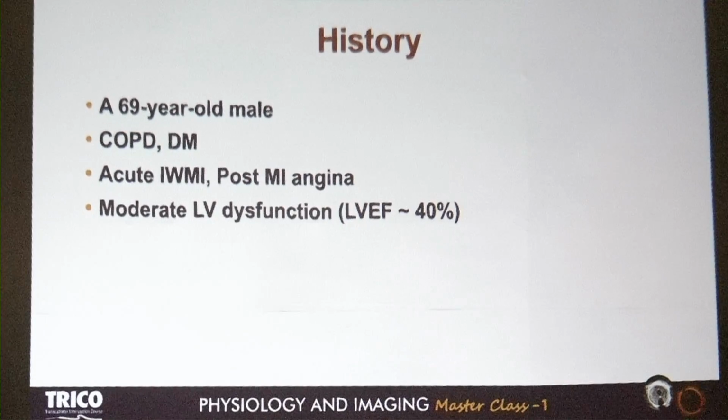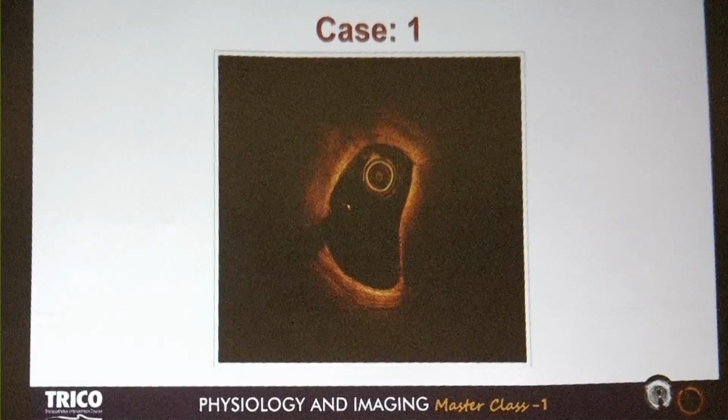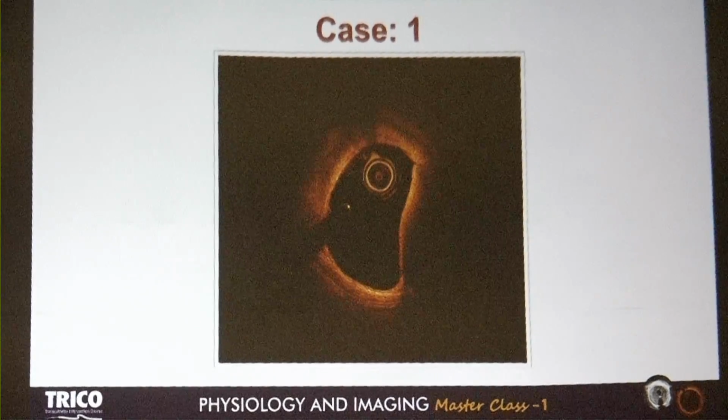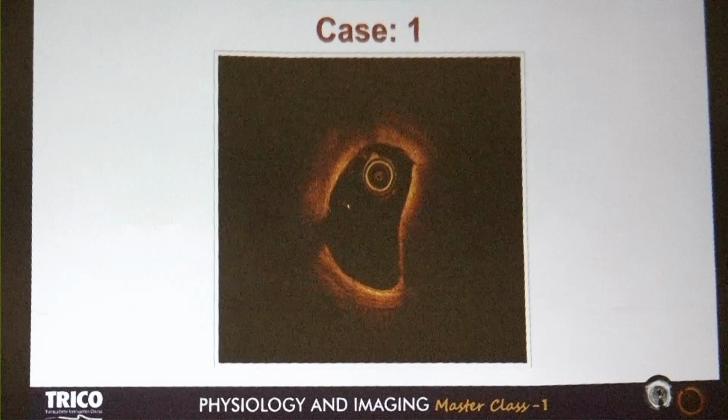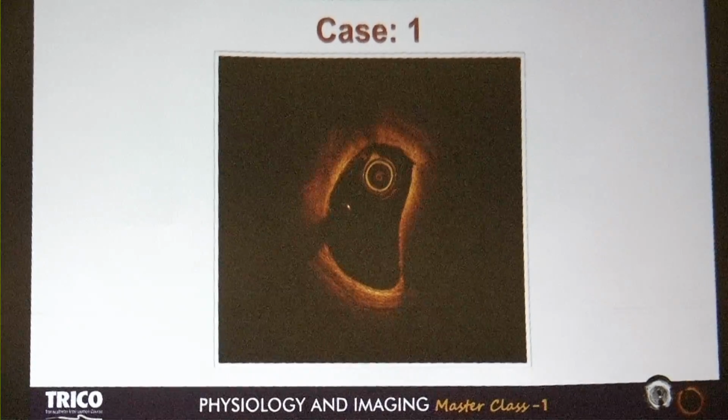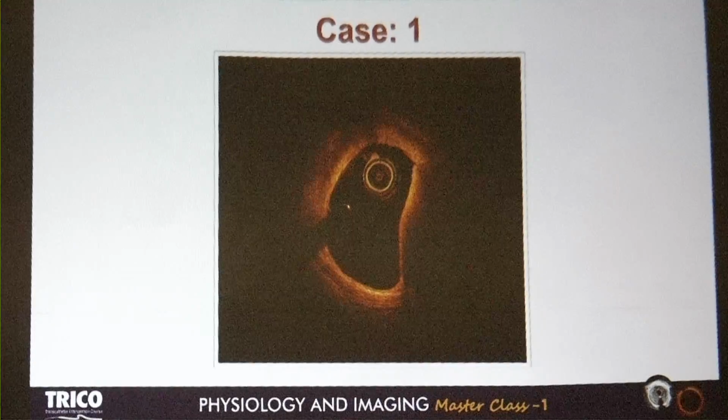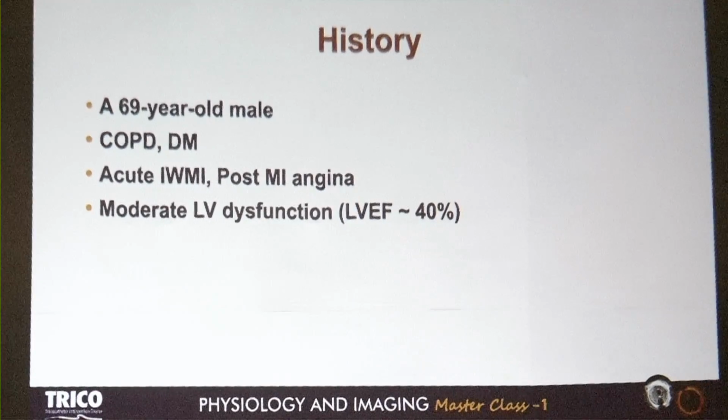So this is the history. Why TCFA? Because it's a thin cap and it looks like a fatty area involving 2 quadrants, and then a lot of fibrosis.